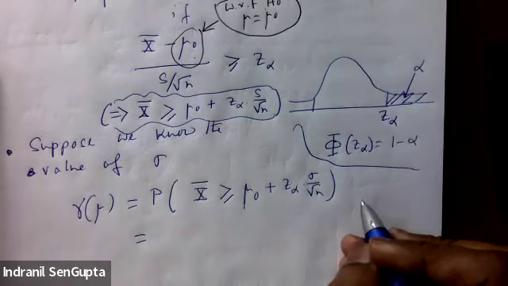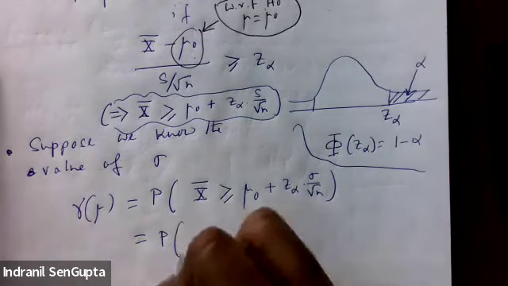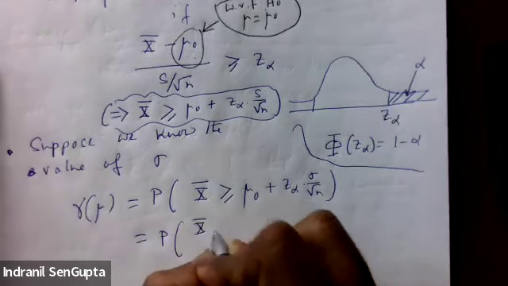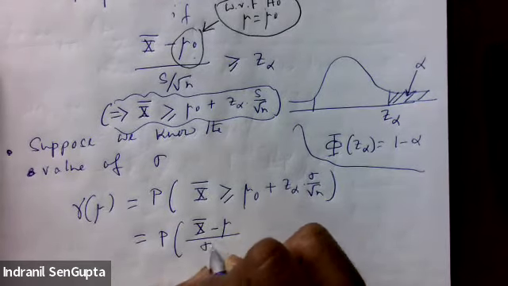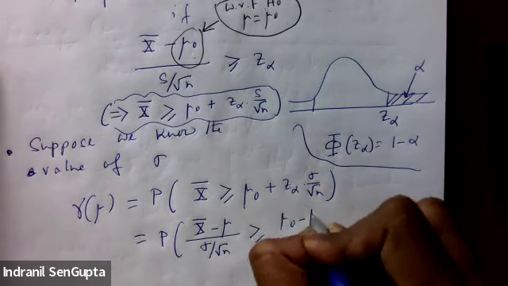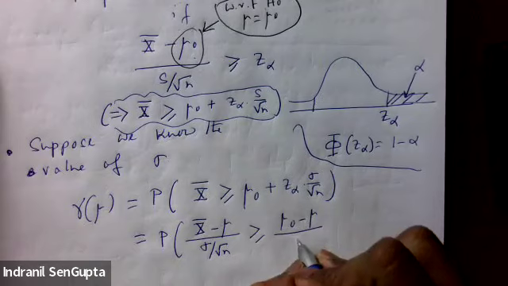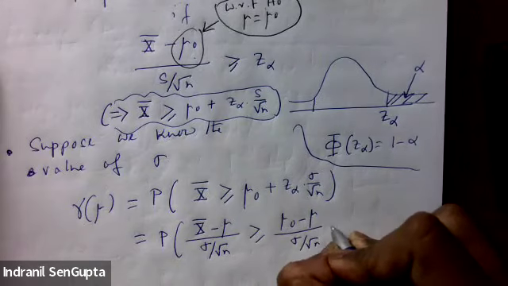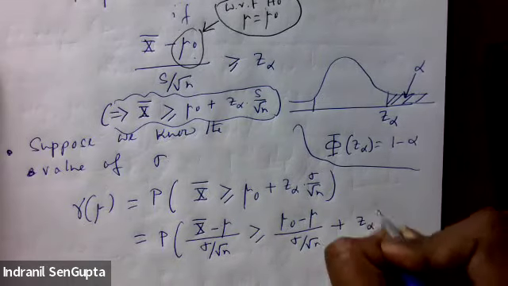So can we compute it? It turns out yes. Let's write this as the probability of x bar minus mu over sigma over square root of n being bigger than mu zero minus mu over sigma over square root of n plus z alpha. I'll leave this computation to you.